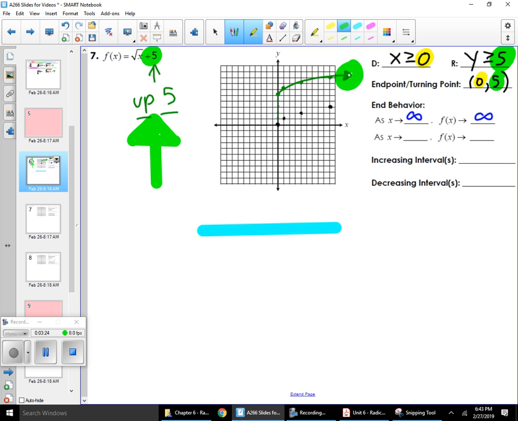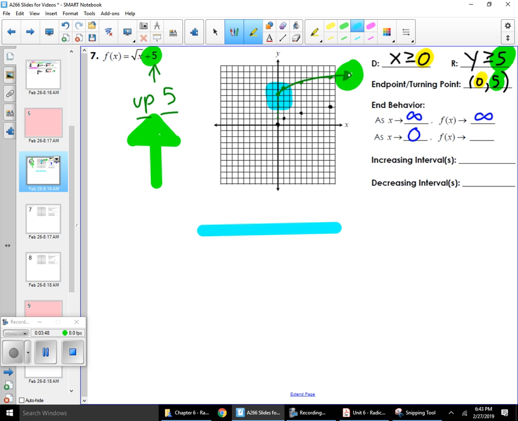And you can think about that as the square root of large numbers, the square root of 100, the square root of 10,000. y is going to keep getting bigger. The other chunk of end behavior is the left side. So we note that as x goes to, well, it can't go to negative infinity, so it has to go as far as 0.